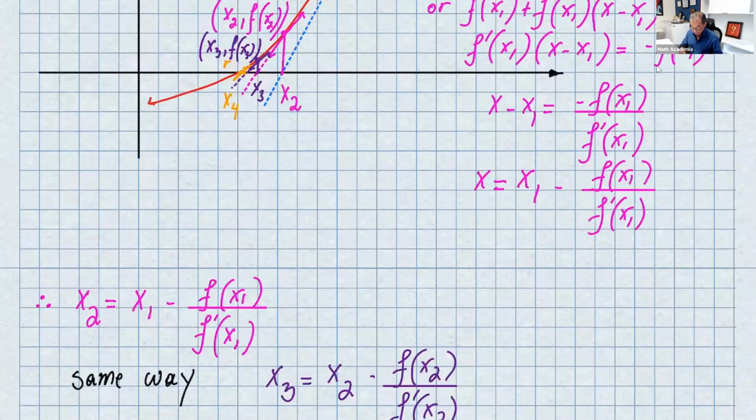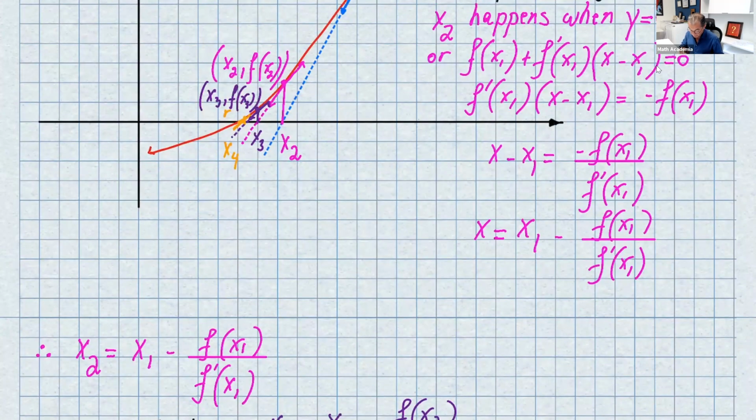Let's see what happens if we do that. So we have x3, we're approaching our point. I'm going to hit the curve where x3 is and then cross the x-axis and so on.